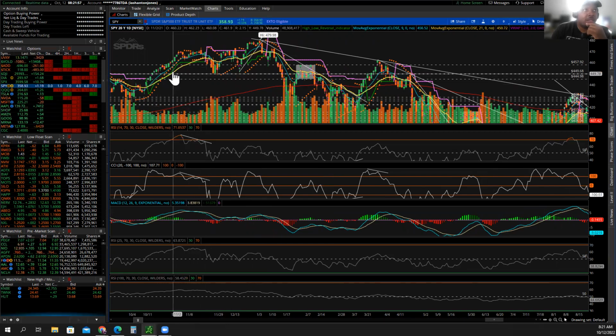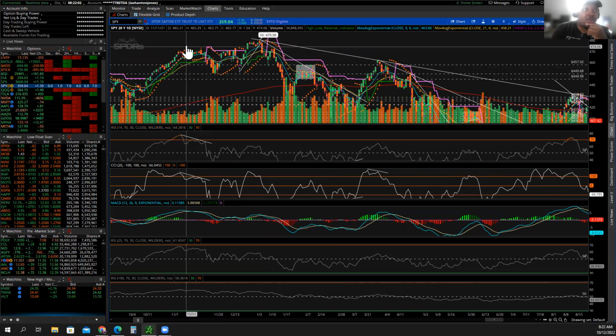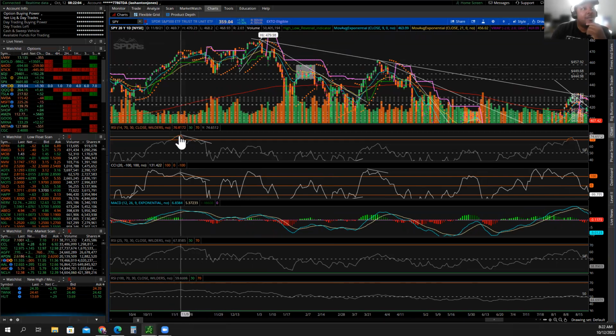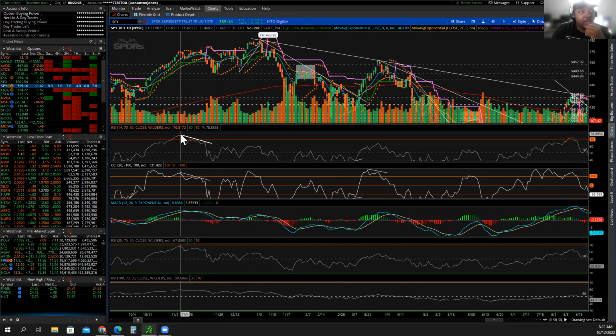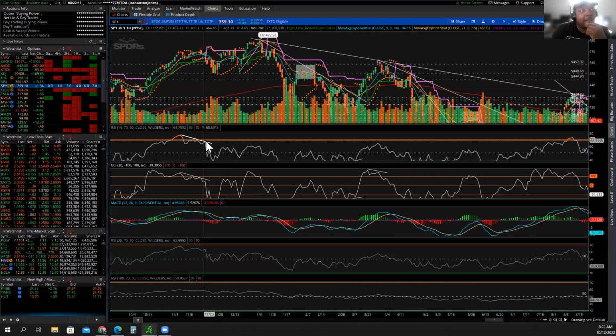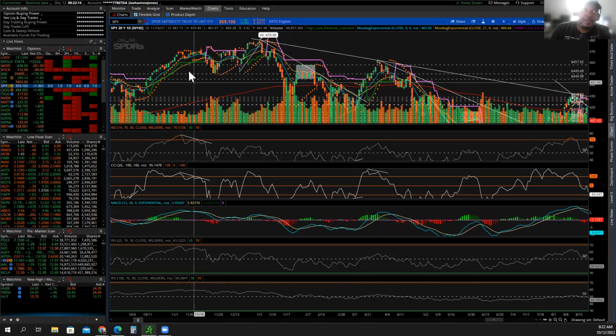Divergence is when price is staying in the same range or it's moving up, but RSI is moving down, right? That's showing you that there's weakness in the market and you need to be careful.